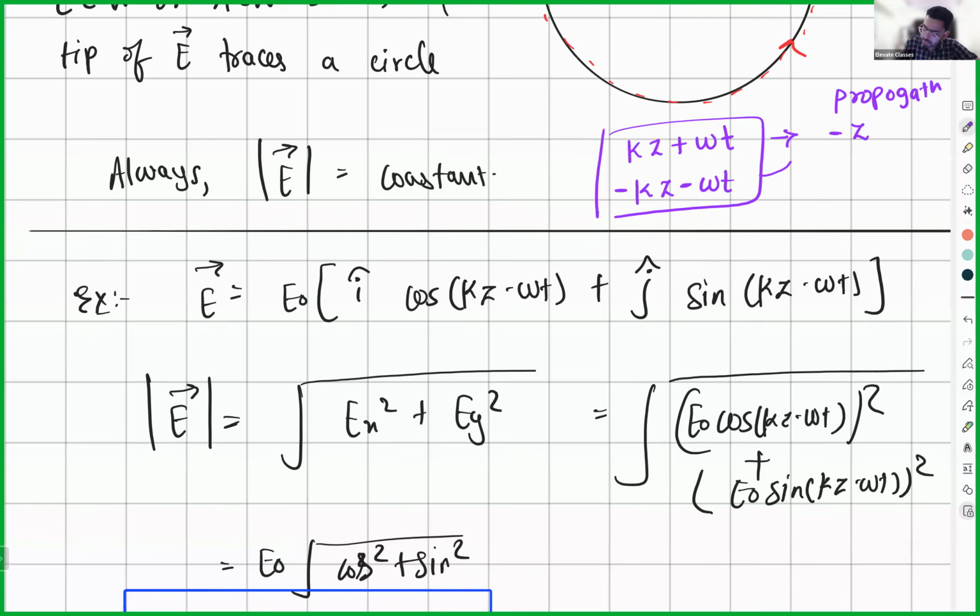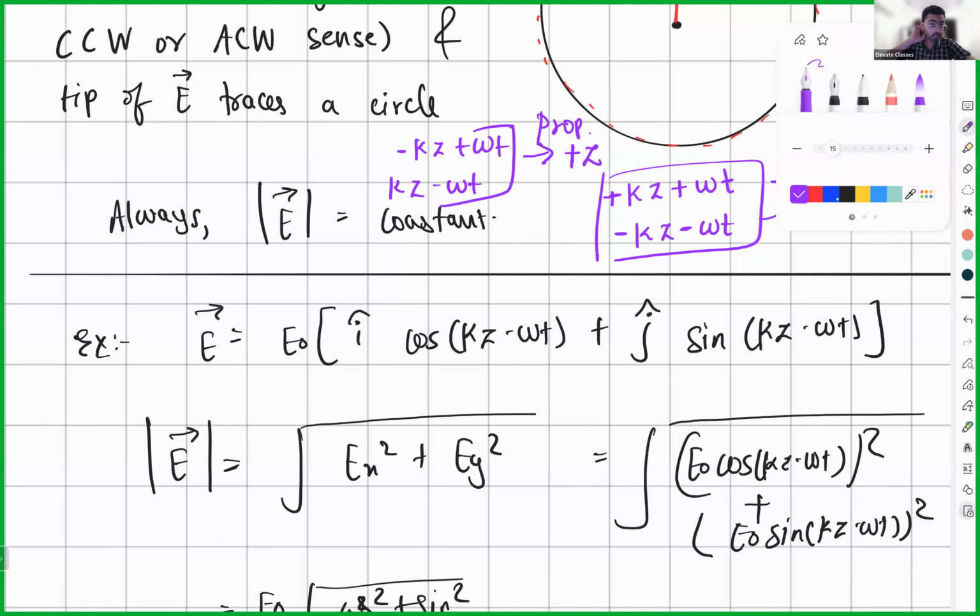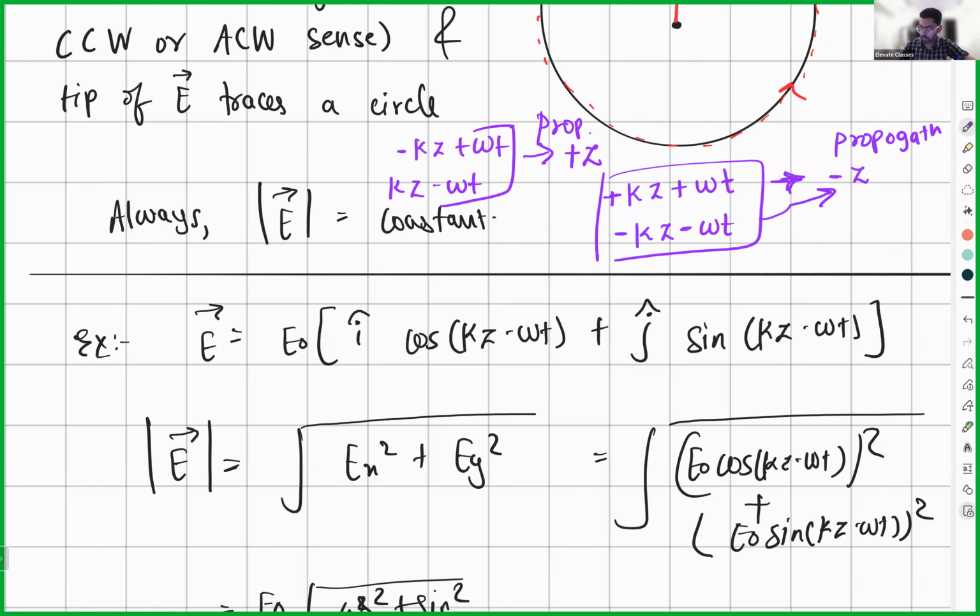If the sign is unequal, let us say minus kz plus omega t or kz minus omega t, then the propagation direction is plus z. Now remember this as an important convention. So what I was saying is that in the given example, I have kz minus omega t, so the propagation direction is along plus z.